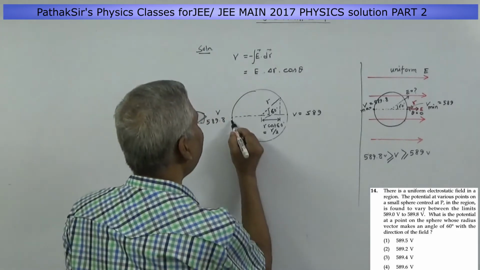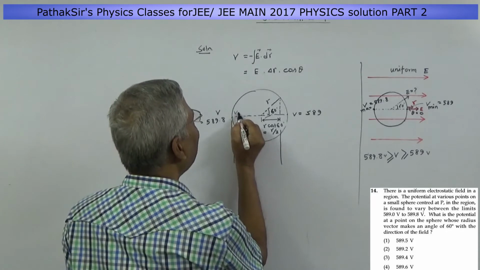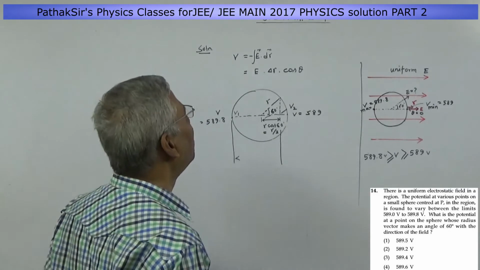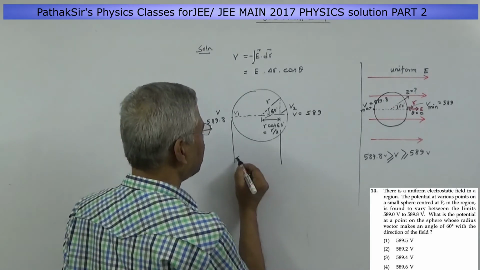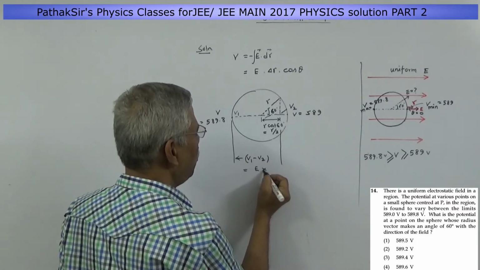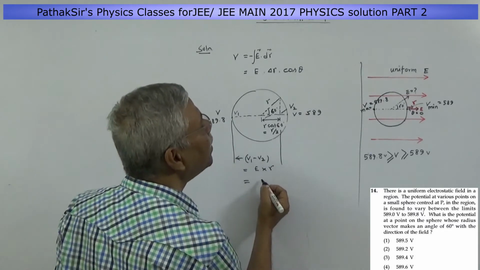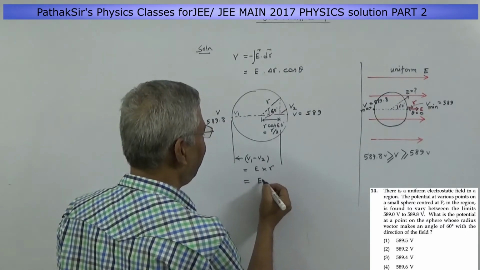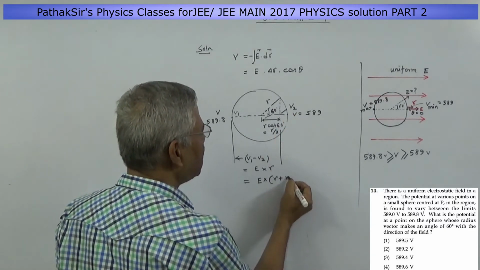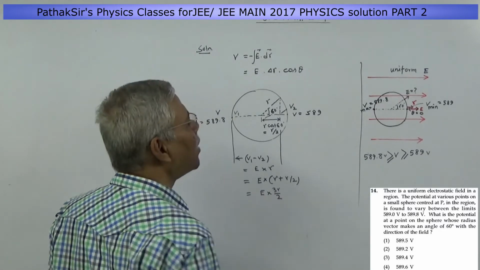So what is the difference in potential between these 2 points? If this is the potential at V1 and the potential at this point is V2, then V1 minus V2 equals E into distance, E not given, into distance R plus R by 2, E into 3R by 2.